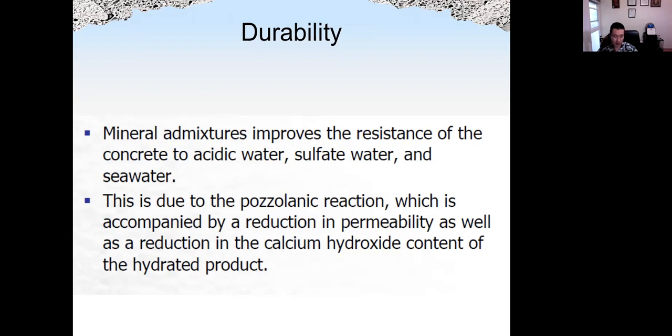Okay. Again, this is due to the pozzolanic reaction, which has an effect on reduction in permeability as well as reduction in calcium hydroxide. It transfers calcium hydroxide into stronger and more durable CSH. Okay.